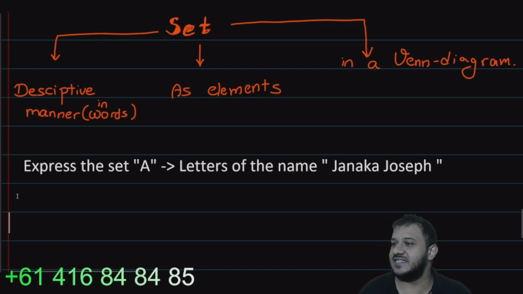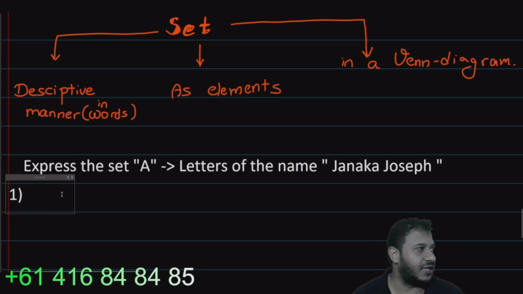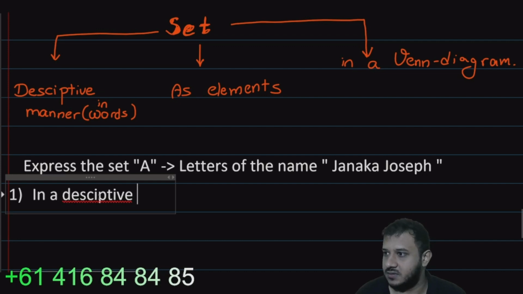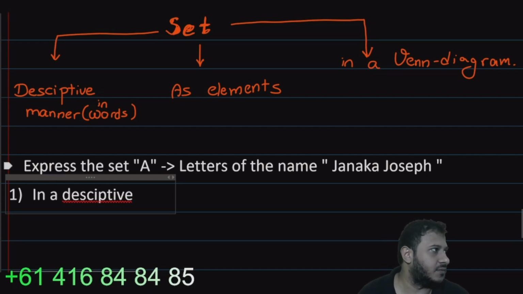So express set A, the letters of the name Janaka Joseph, in the descriptive manner.